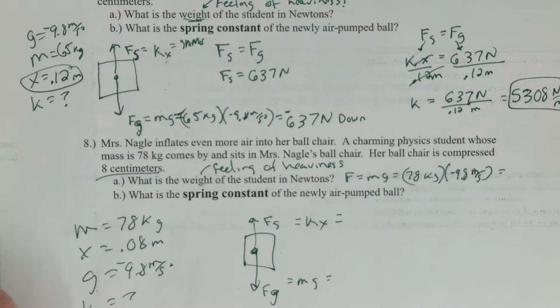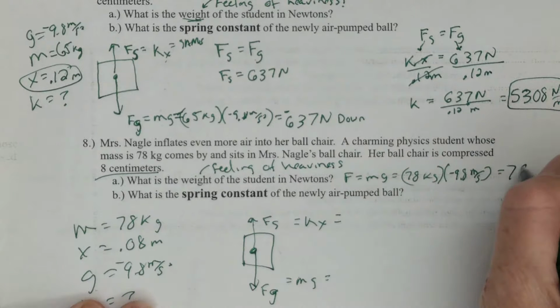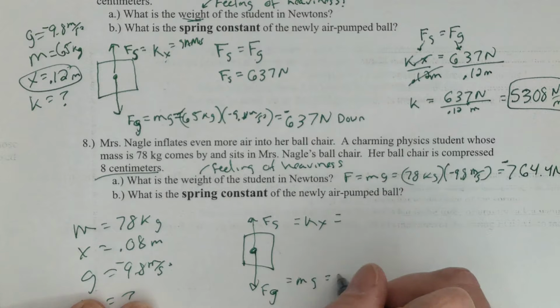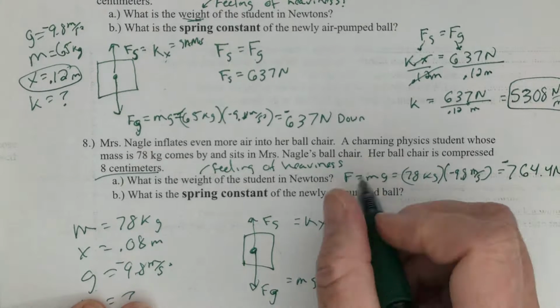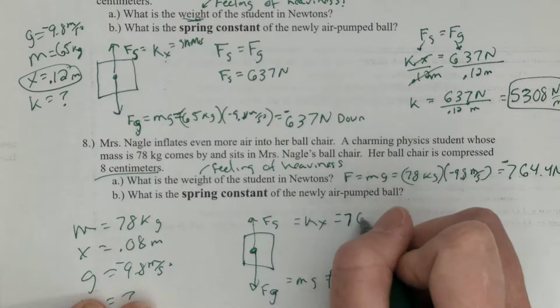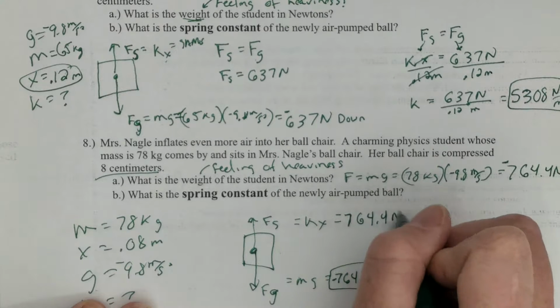Ta-da. 78 times 9.8 is 764.4 newtons, and it's going down. So, negative 764.4 newtons, it's going down. What does this mean? It means the spring force is going up, positive 764.4 newtons.